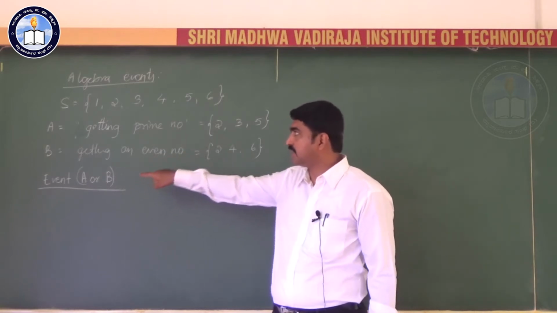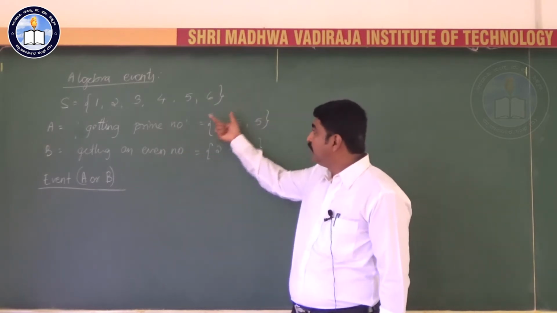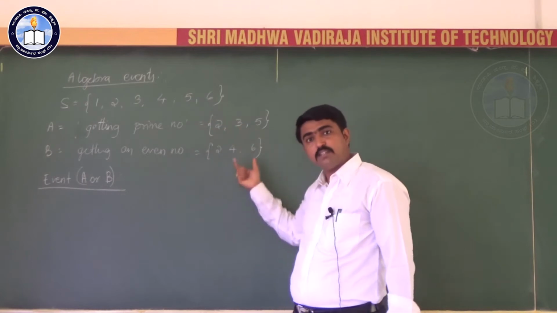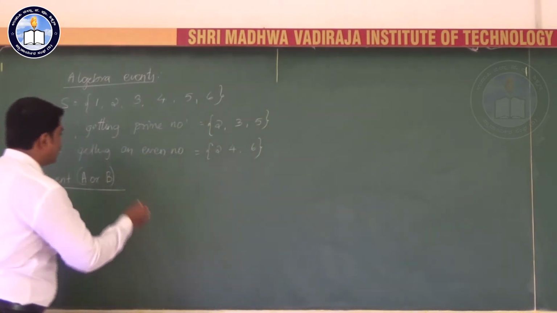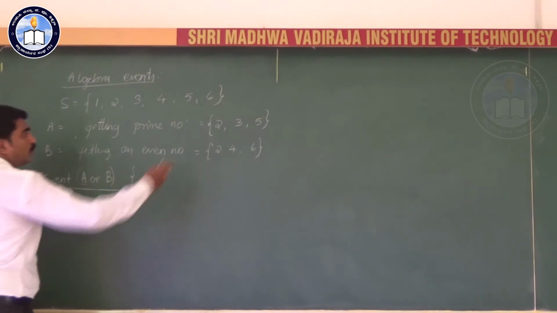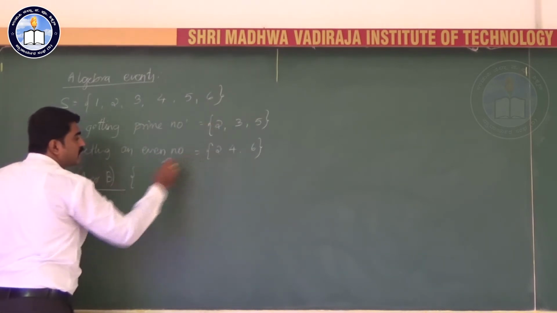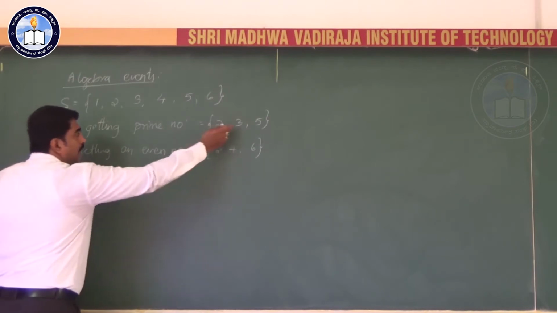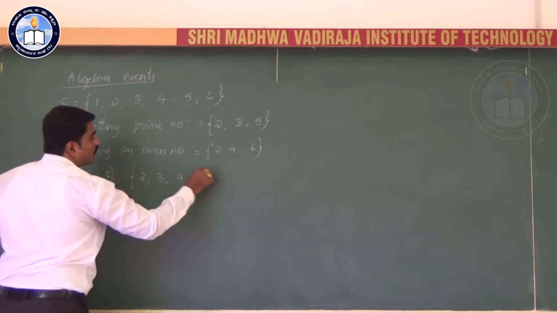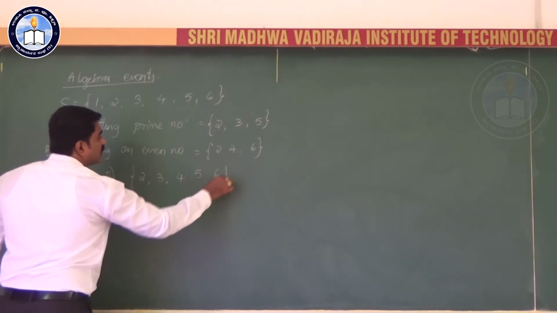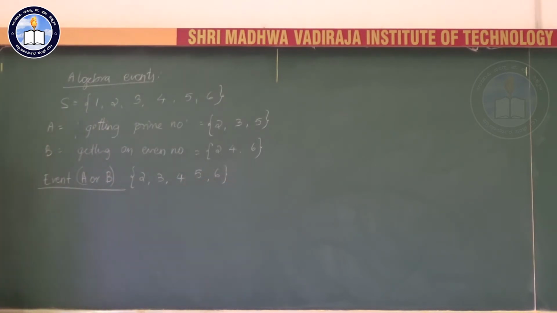Event A or B is nothing but the outcomes of A as well as outcomes of B or both. So 2 is the outcome which is common. So take all the outcomes of A and all the outcomes of B, therefore 2, 3, 5, 6. So this is event A or B.